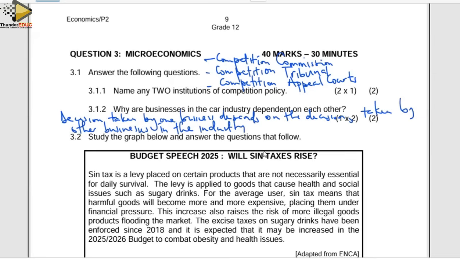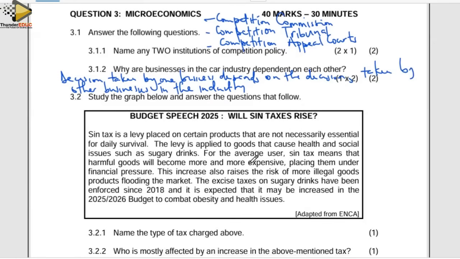So we are saying the decision that is taken by one business depends on the decision that is taken by other businesses in the industry. You cannot make your own decision. You have to depend on the decisions of others. Like if one business decreases their price, others must also follow the trend. That is the interdependence.